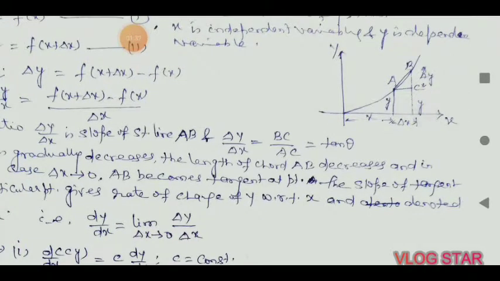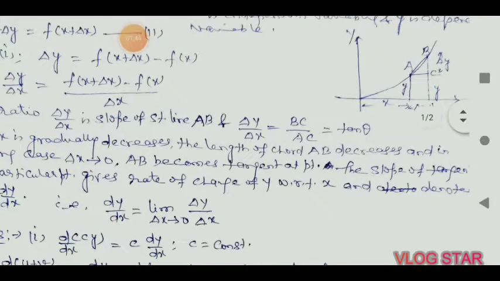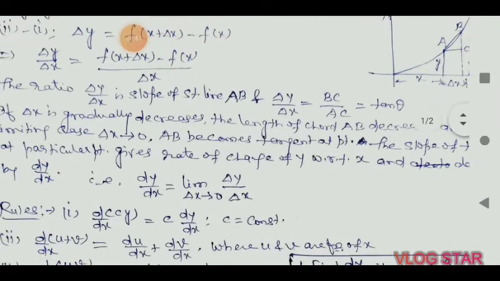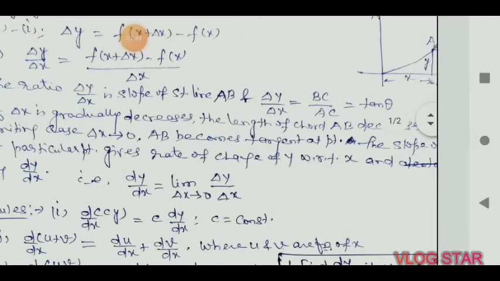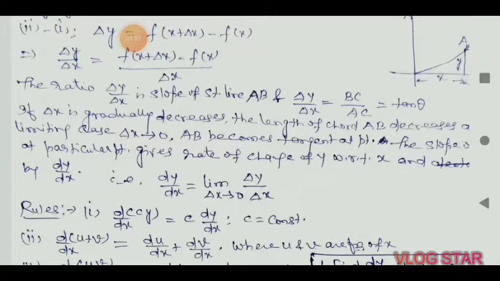Now when delta x tends to 0, the limiting value, then that line AB represents a point and AB will be the tangent at that point. So that one is called the limiting value, or you can say that it gives the rate of change of y with respect to x and is represented by dy by dx.